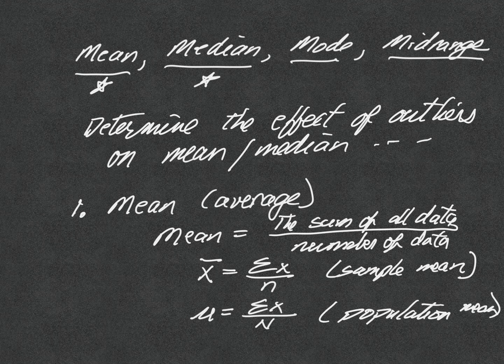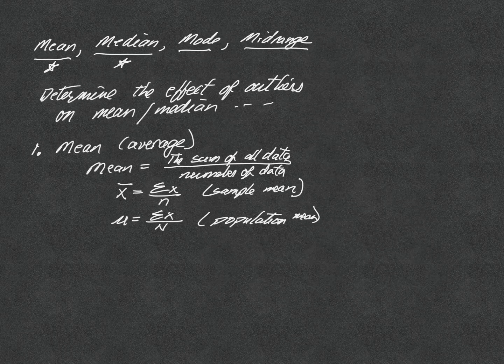Now, let's talk about some of the things in this formula really quickly. The symbol for sample mean is x bar. The symbol for population mean is mu. This is very normal, all right? Where we use Greek letters to illustrate data from a population, and then usually regular letters to illustrate data from a sample.